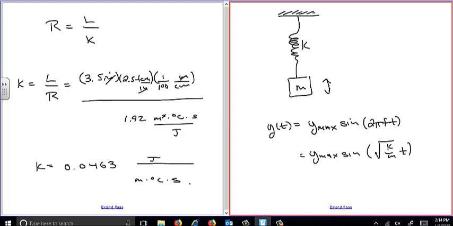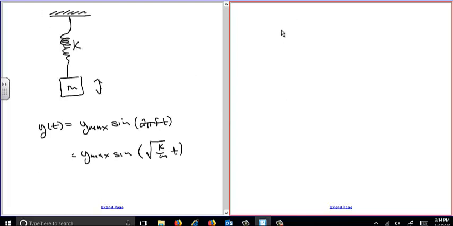So this is using the fact that omega, the circular frequency, is equal to 2 pi f, and also that omega equals the square root of k over m. Also, the period is equal to 1 over the frequency.